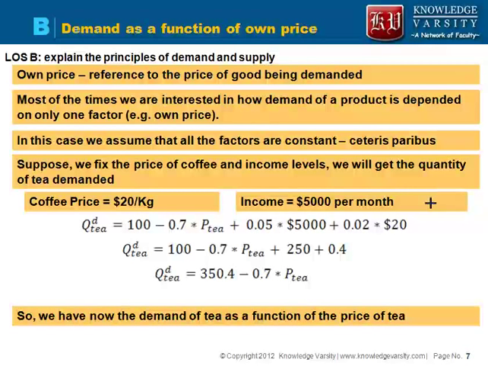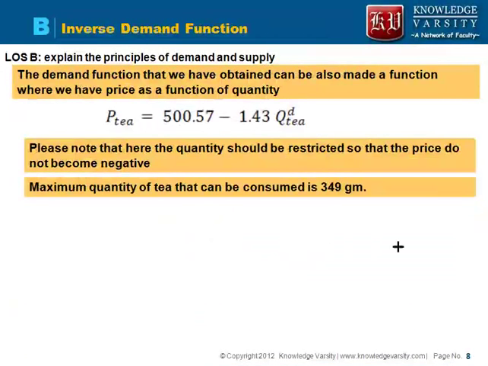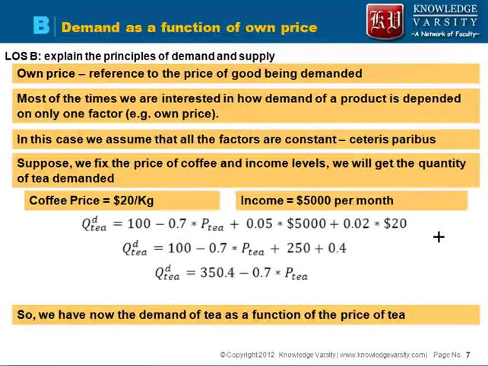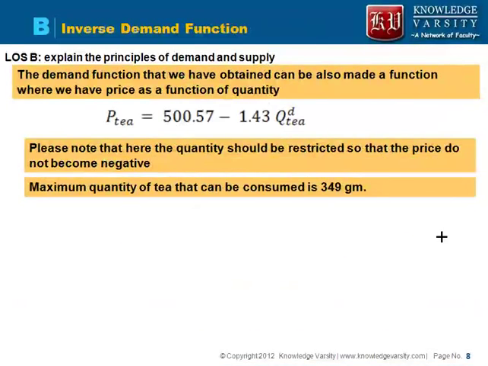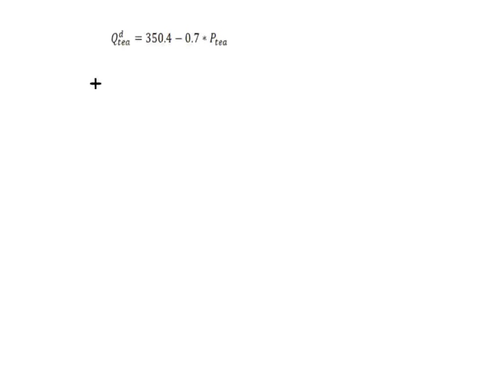Okay, in another case, here we have said that quantity is a function of price. Please note that we can also represent price as a function of quantity. So in this case, what we can do is bring this price of tea over here. So what we are saying is this is the quantity demanded, and I want price as a function of quantity.